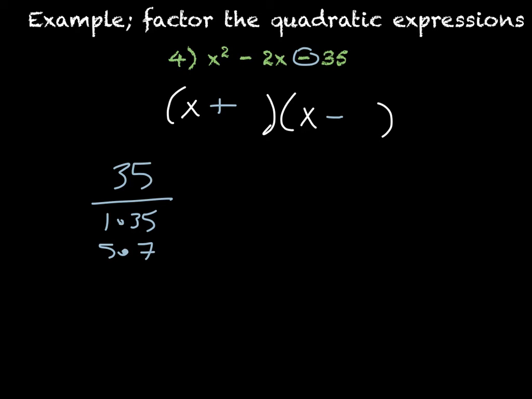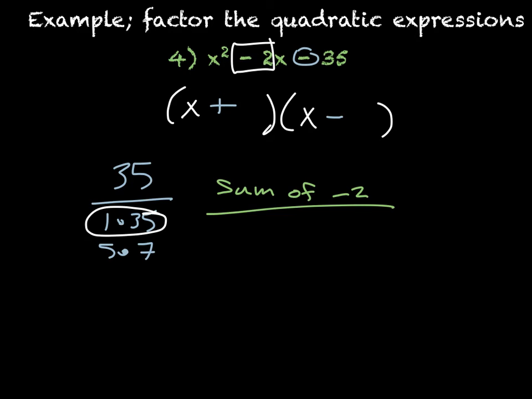Okay, so now I'm looking for a sum of negative 2 this time. It's a negative 2 instead of a positive 2. So right now I can see that the difference between 1 and 35 is really huge.